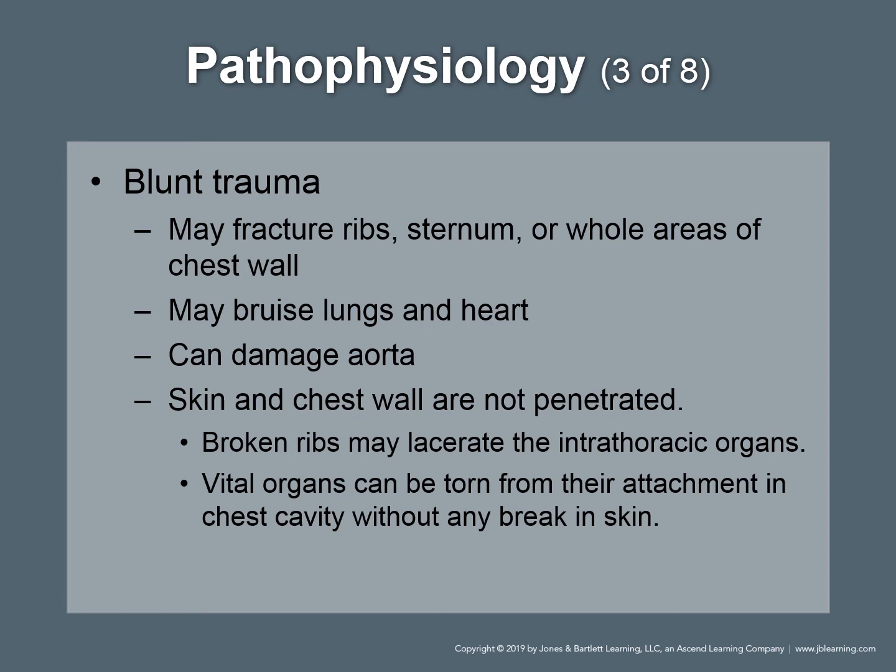We see this a lot with the aorta. Forcible blunt trauma to the aorta can cause a deceleration injury, and the aorta will actually rip away from the heart. Those patients typically die instantly. Aortic shearing is where it rips off the heart. You can also have shearing to the liver, and that will cause massive internal bleeding.